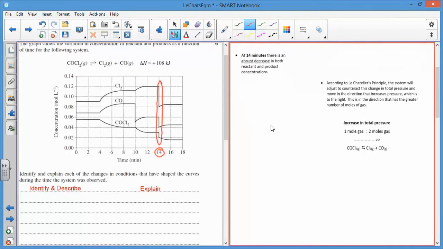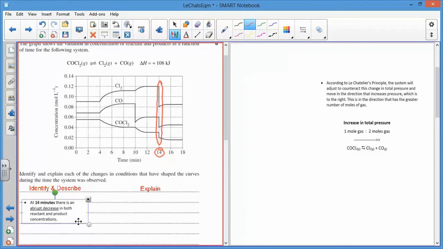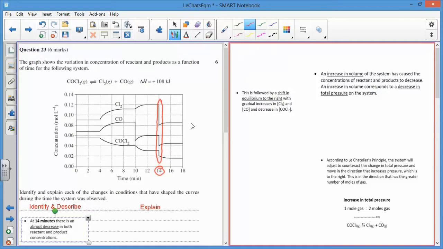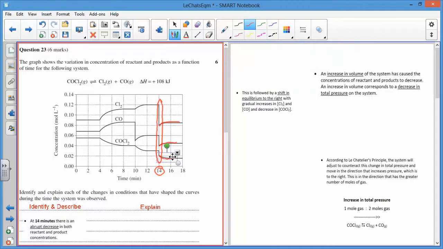So at 14 minutes, we're identifying what's happening: there's an abrupt decrease in both reactant and product concentrations. After this initial change, there's a shift to the right again, which is this gradual increase in the products with a decrease in concentration of the reactants.